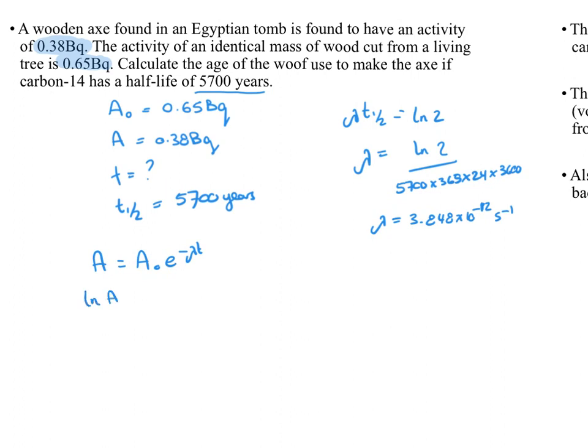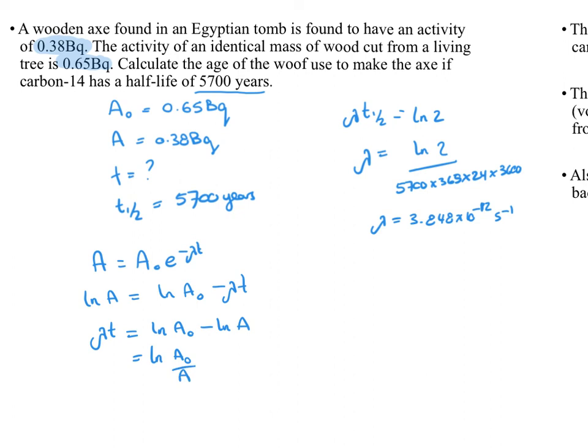So once again, you take the logarithm of both sides. Actually, I'll rearrange it a different way. I'll leave the t to be positive, so I'll bring the t to the other side. Lambda t will be ln a naught minus ln a, which is ln a naught over a.